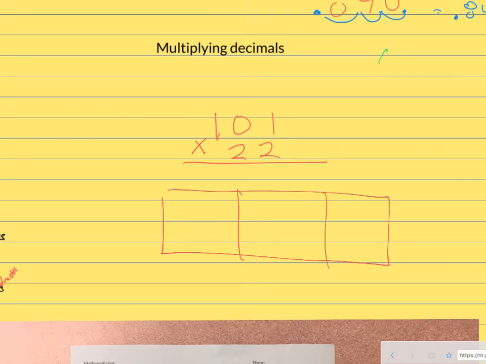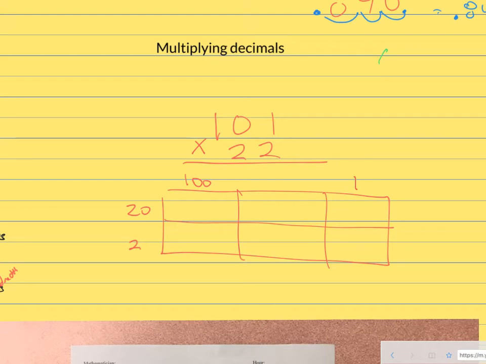There we go. And then we'll have a box this way. All right, so we have 20 and 2. That's my 22. 100 and 1. And we don't have any 10s, so I'll just leave that off.